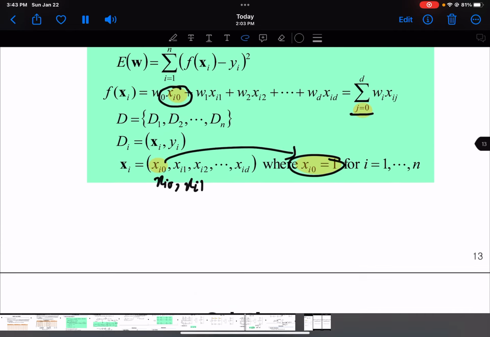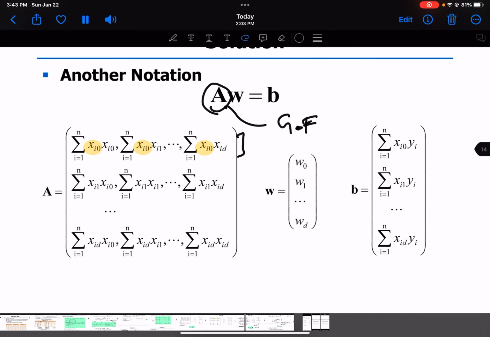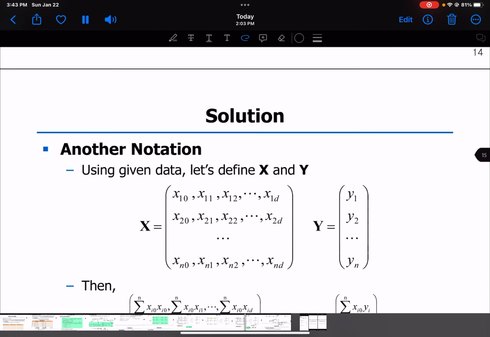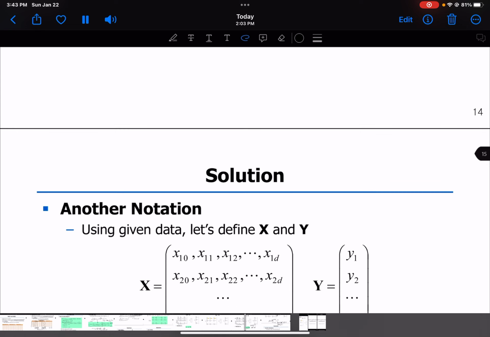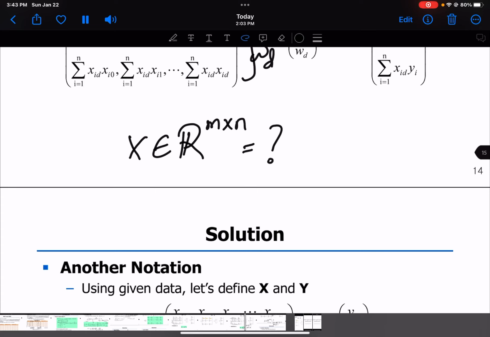What about if we have a generalized matrix? The first term is for W0 and the rest are W1 to WD for D variables. So what about if our matrix X is of the form M cross N? Then how do we find the inverse?